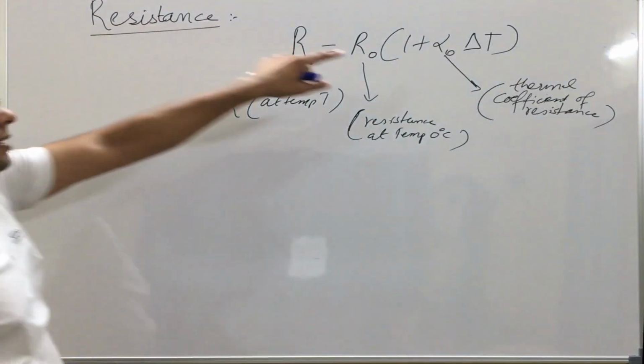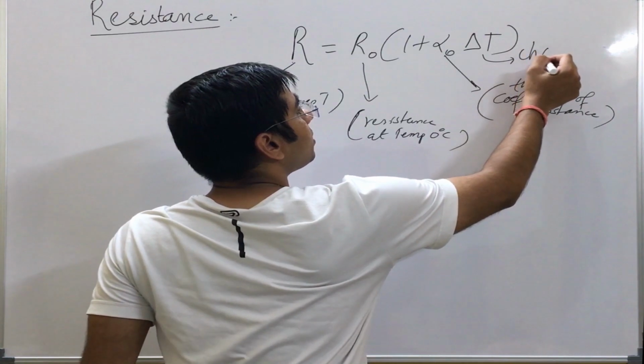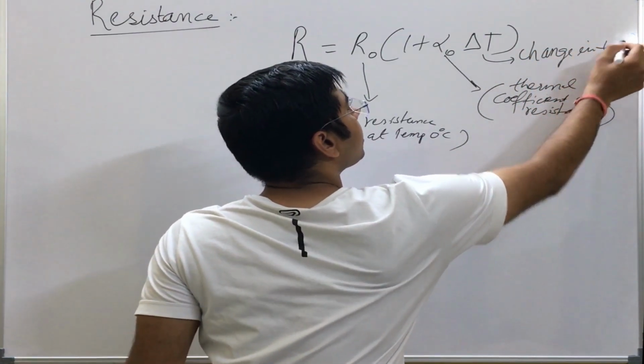We are assuming that delta T is the change in temperature, that is T2 minus T1.